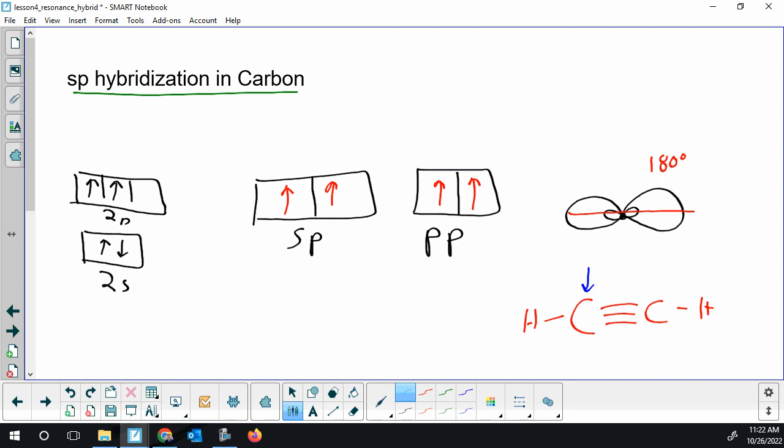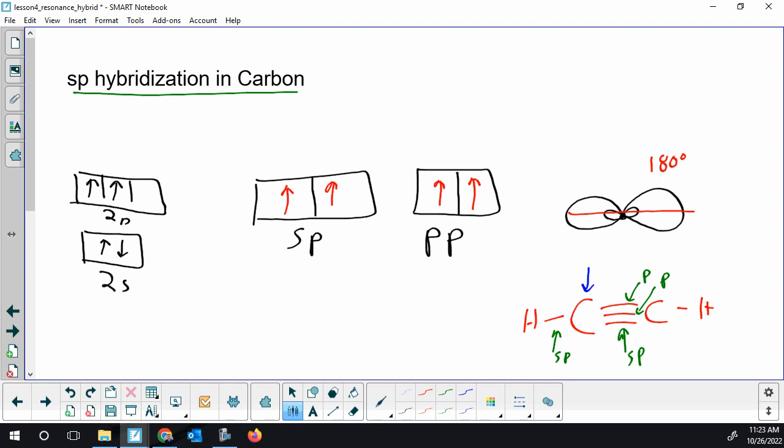The first bond from the carbon to each of the atoms is an sp. So that is one of our sp hybridized orbitals, carbon to hydrogen. This first bond is another sp. Then the double is from one of our p's, and the triple is from one of our p's.